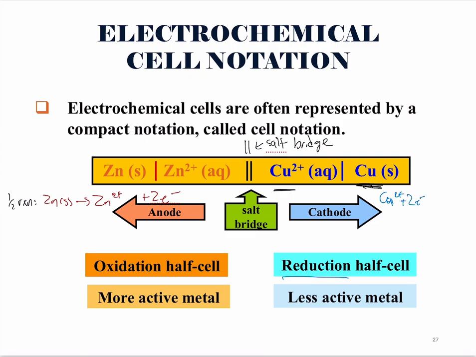Plus two electrons, because we're picking up the electrons from the conducting wire, and that goes to copper solid. Right? So these need to be connected by a conducting wire because that's what carries electrons over to the cathode, to the less active metal, where the reduction is going to happen.